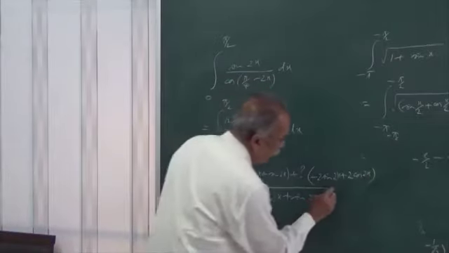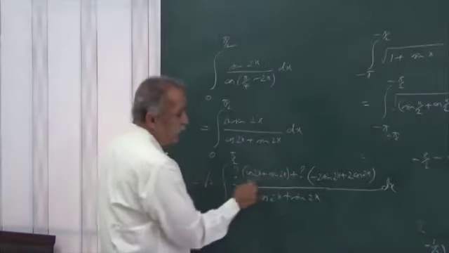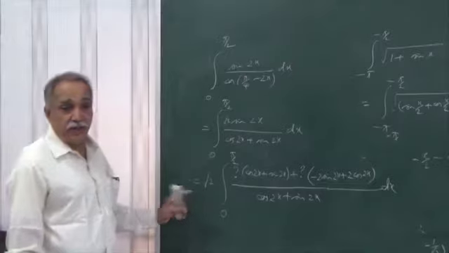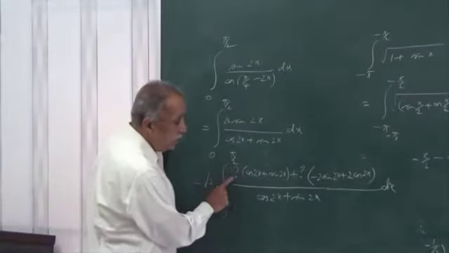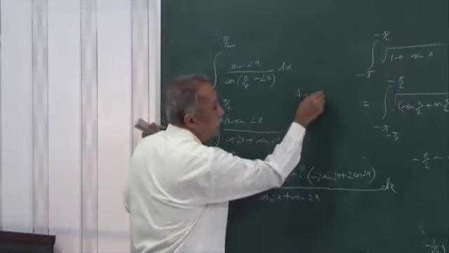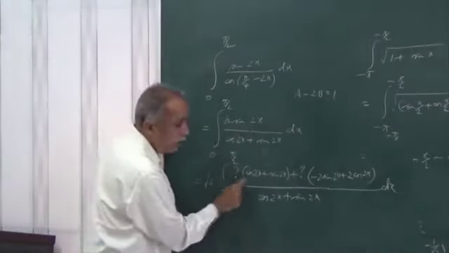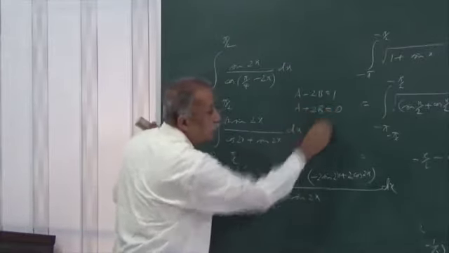For what values of a and b will the numerator be equal to sin 2x? Root 2 I have retained outside. You want a minus 2b to be 1, the coefficient of sin 2x, and a plus 2b to be equal to the coefficient of cos 2x, 0.